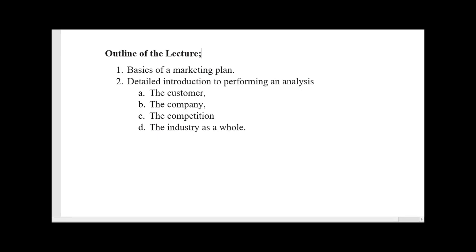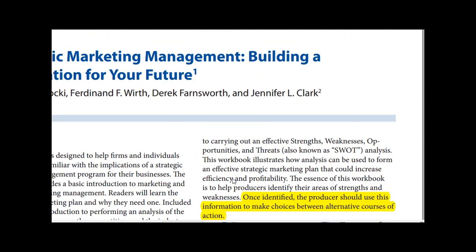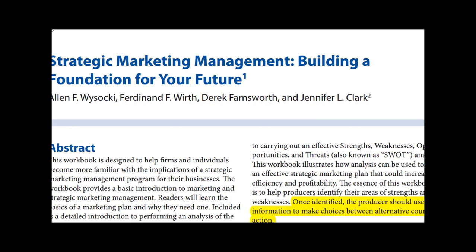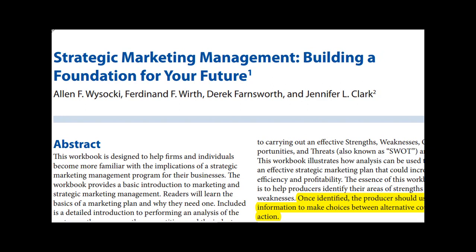To accomplish today's activity, we will use the reading that is already provided to you, and that is Strategic Marketing Management, Building a Foundation for the Future by Ellen F. Wysocki. This reading comprises the basic theory that most of you already know.